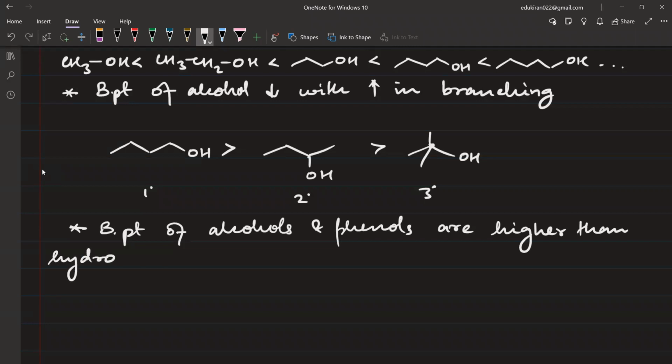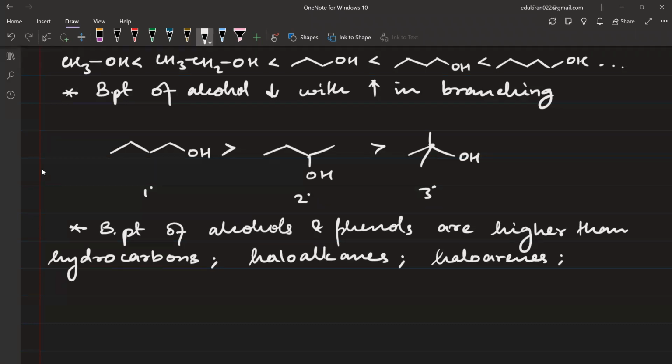Hydrocarbons means simple alkanes, alkenes, alkynes, comma, haloalkanes, comma, haloarenes, and ethers of comparable molar mass.